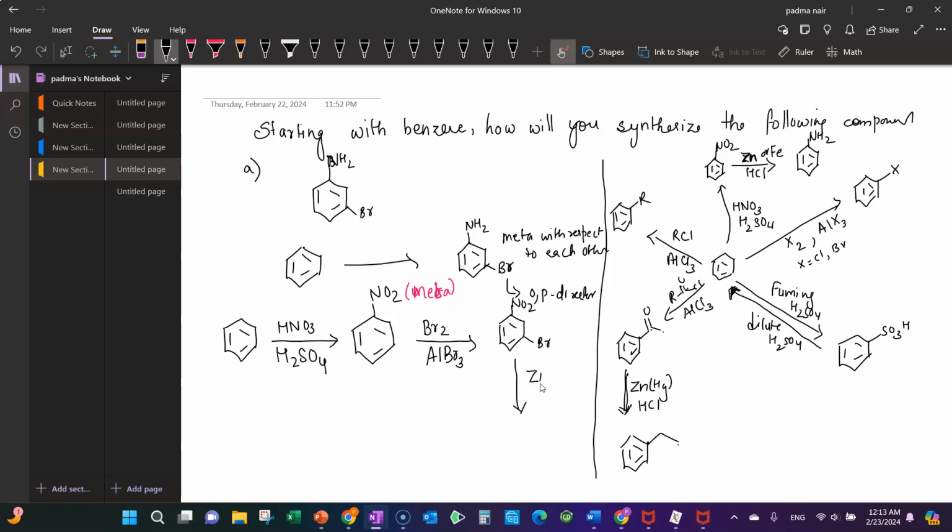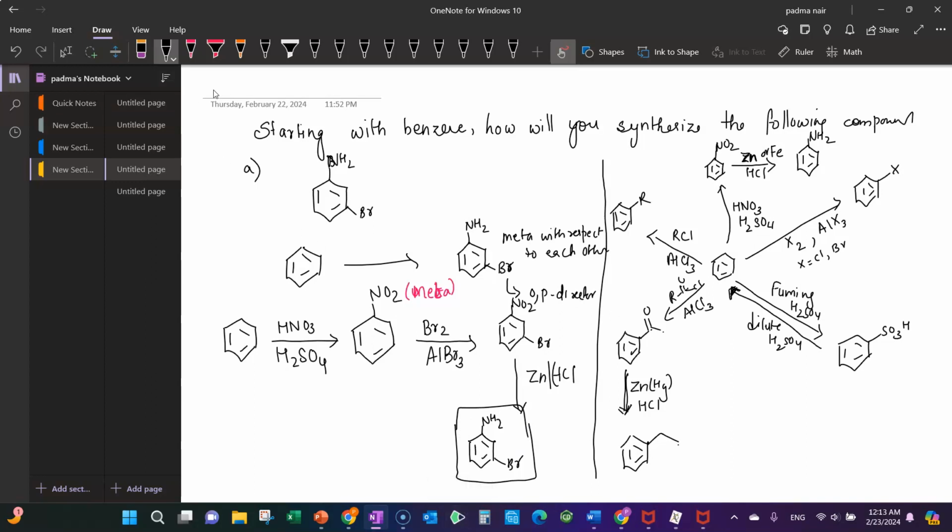That is either with zinc or Fe in presence of HCl, which will reduce the NO2 to an NH2. Okay, so see, now we have created our target compound. This is an example of a synthesis reaction.